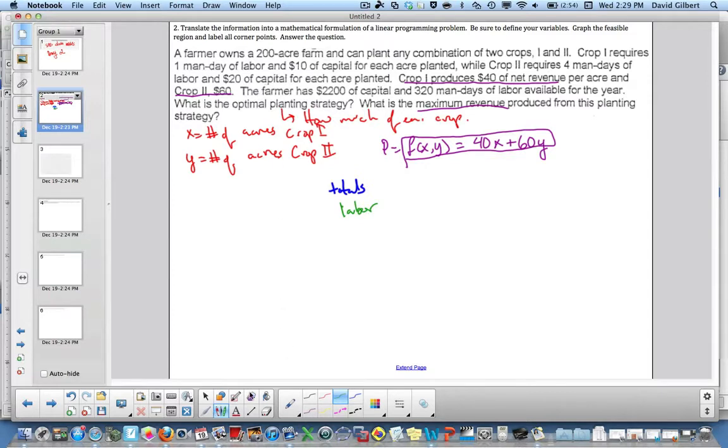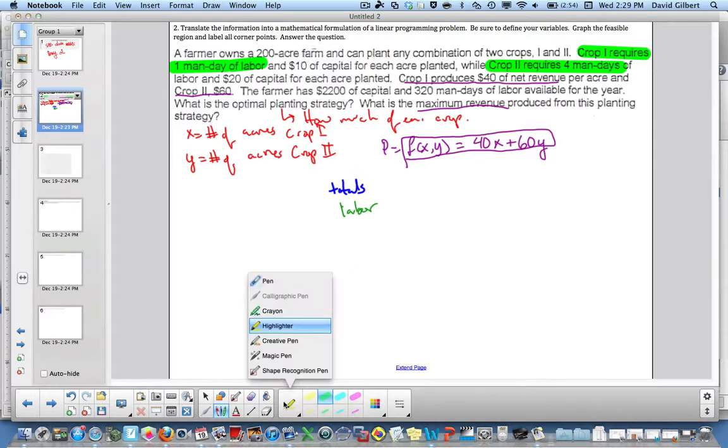So where do we see our labor? Crop 1 requires 1 man day of labor, and then crop 2 requires 4 man days. Alright, so that gives us our first constraint.